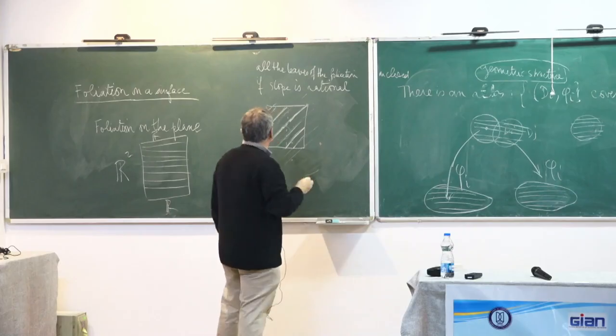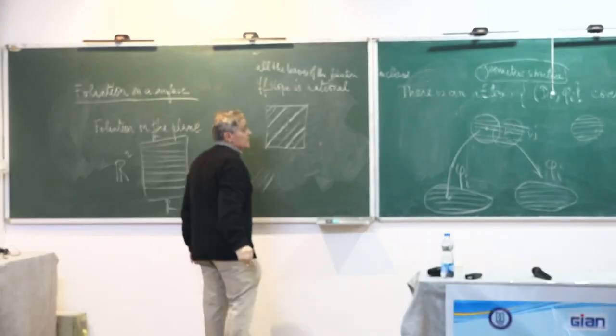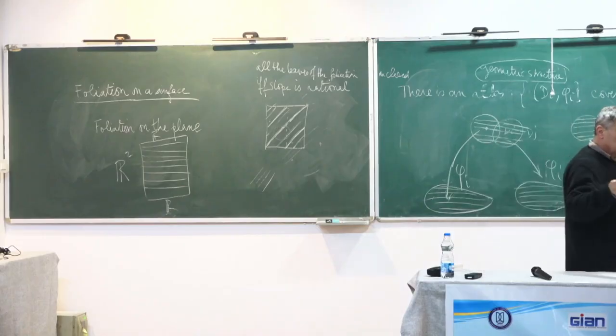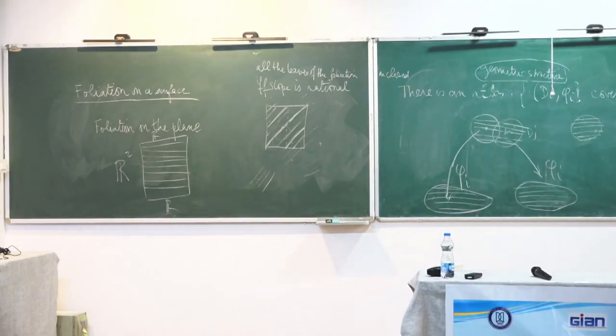Closed leaves means compact, if and only if the slope is rational. This is a result which I'm not going to prove, and it needs a complicated proof. People who are doing number theory know this very well.